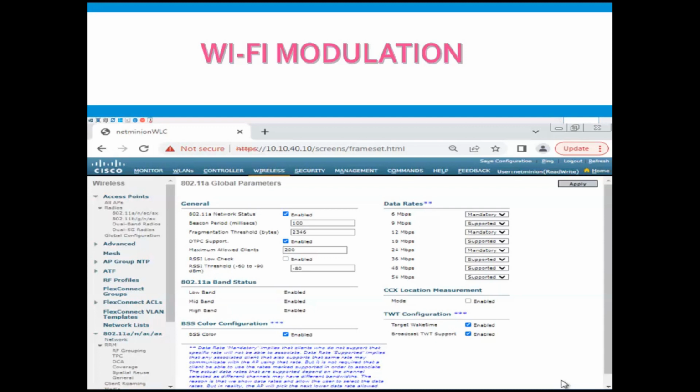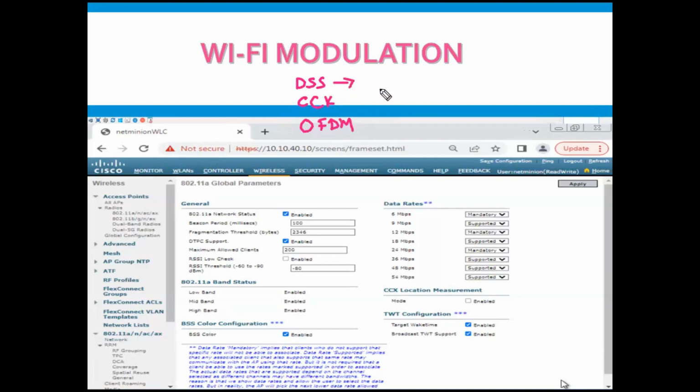These modulations provide different data rates. Let me just repeat again. I talked about three modulation techniques. One was DSS, second was CCK, and third was OFDM.